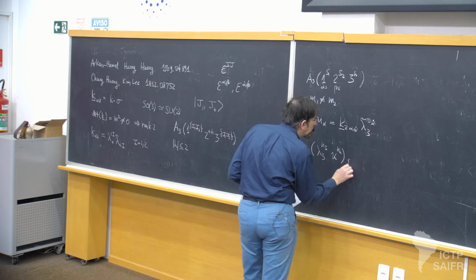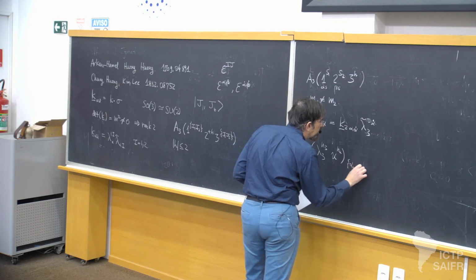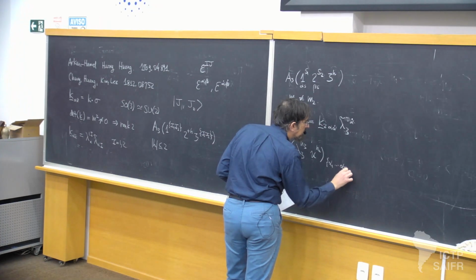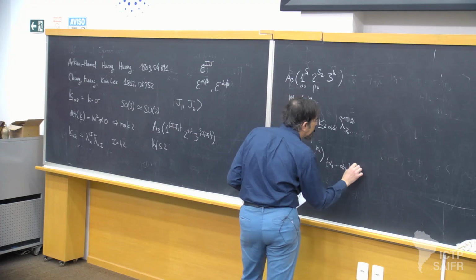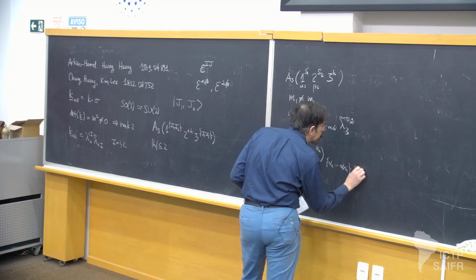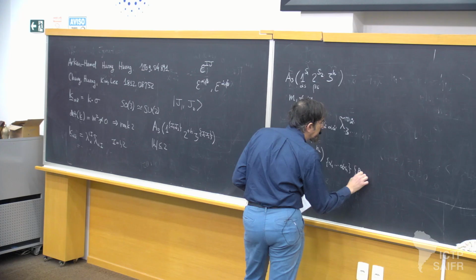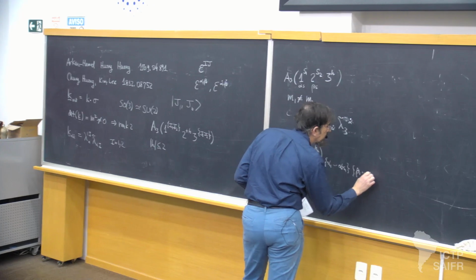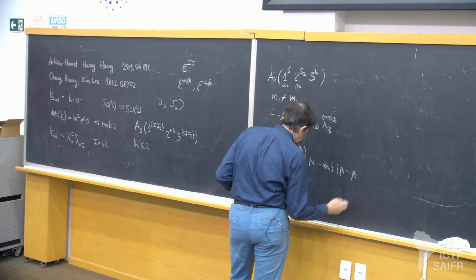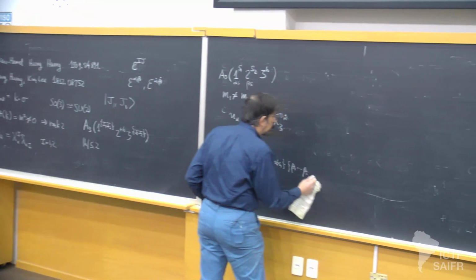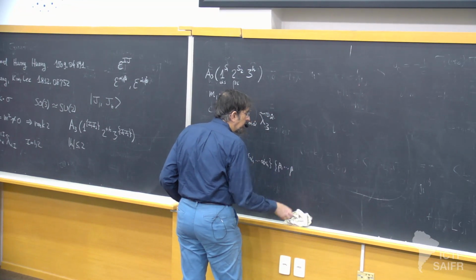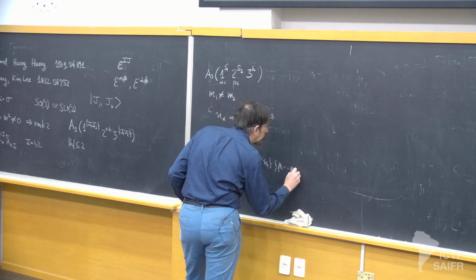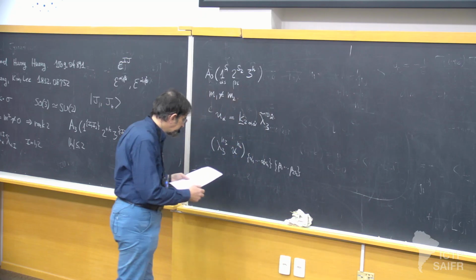And now we have 2 sets of indices, 2s1 of the alphas, which are symmetrized among themselves, and 2s2 of the betas, which are again symmetrized between themselves, but there's no particular symmetry between the two sets of indices.